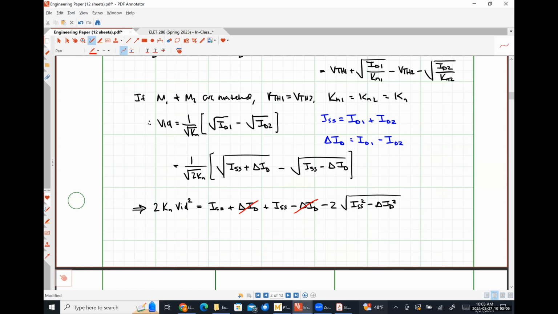We have a factor of 2 on that square root term. We have a factor of 2 on the left-hand side of our equation. So all of those 2's go away. And so this reduces to Kn times VID squared is equal to twice ISS minus, actually, sorry, that twice should go away. My apologies. Square root of ISS squared minus delta ID squared.